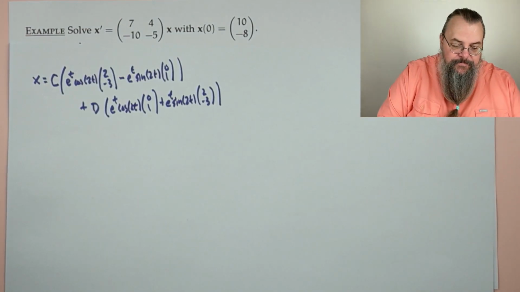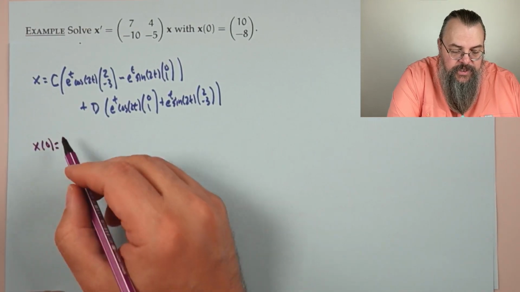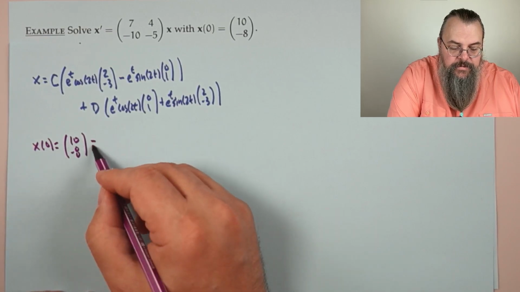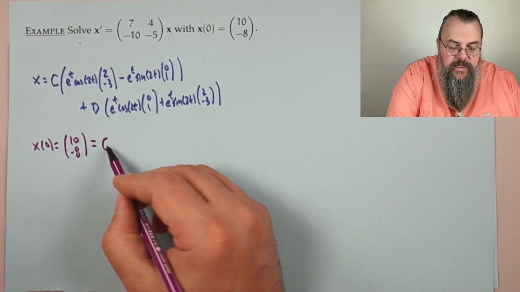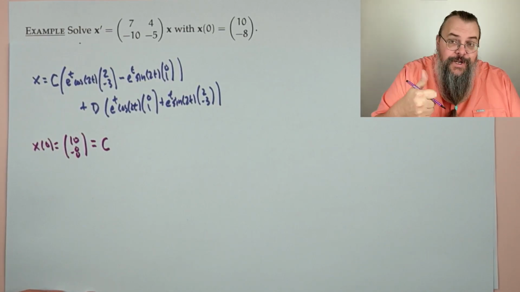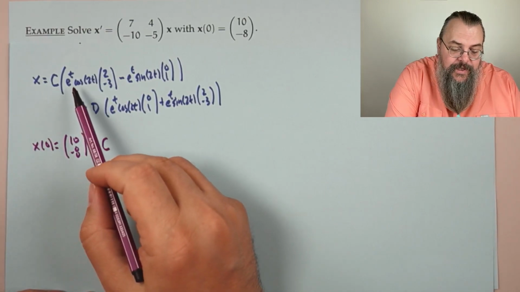So here we go. So x of 0, which is (10, -8), is equal to, now the nice thing, e to the 0 is 1, cosine of 0 is 1, sine of 0 is 0. So a lot of things go away.